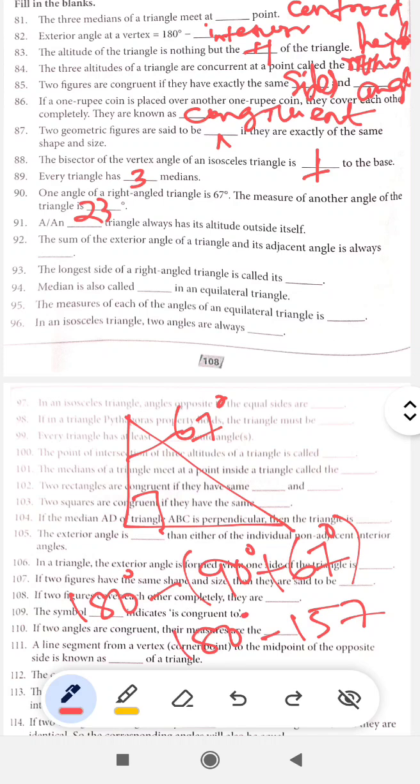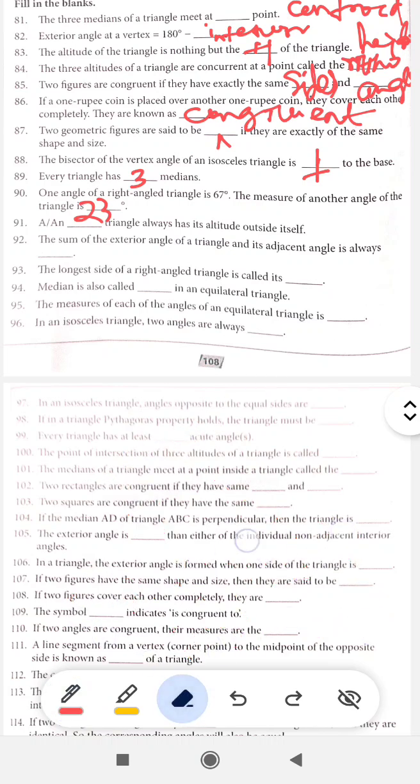Question number 91: a dash triangle always has its altitude outside itself. Who is having its altitude outside itself? An obtuse angle triangle always has its altitude outside itself. So you can see it here. Let me draw this one. This answer is obtuse angle triangle.